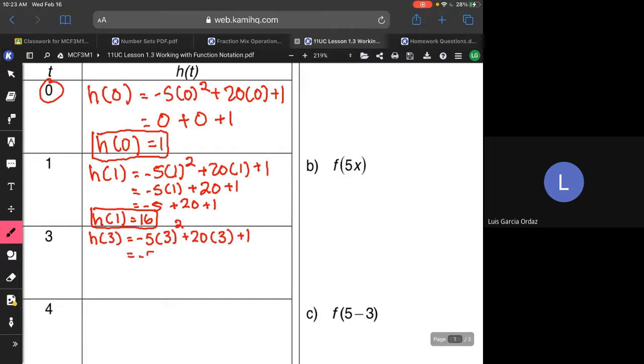So who can tell me what 3 to the power of 2 gives me? 9. What's 20 times 3? 60. Plus 1. Negative 5 times 9 gives me what? Plus 60 plus 1. So who can tell me what h of 3 gives me? Olivia? 16 again.